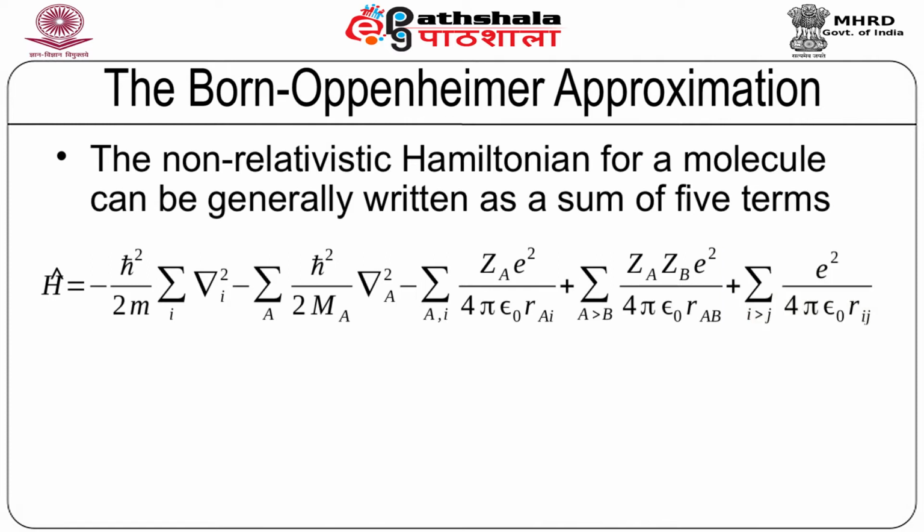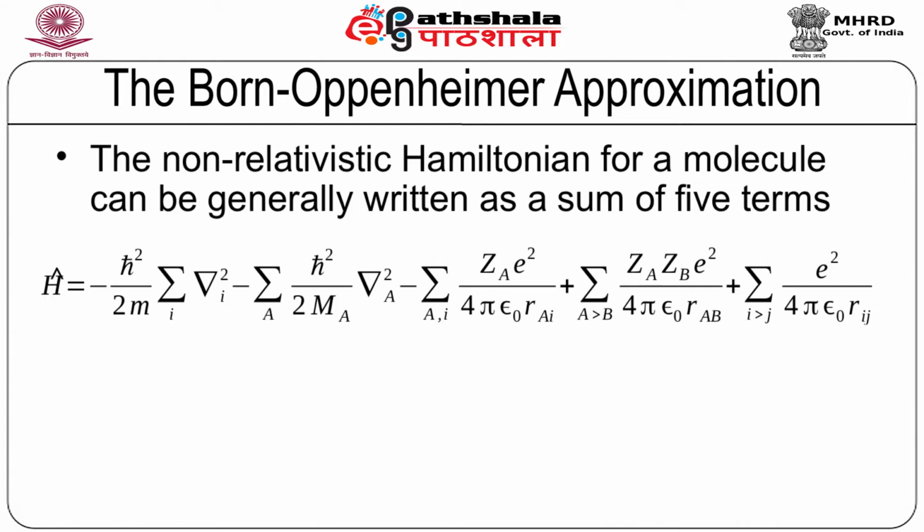Here small m corresponds to the mass of one electron. Capital M_A corresponds to the mass of the nuclei of type A. So if there are many types of nuclei in the molecule, then their corresponding masses have to be used. Z_A and Z_B are the atomic numbers for nuclei type A and type B, and e stands for the electronic charge.